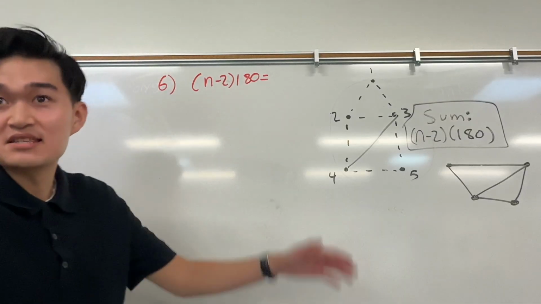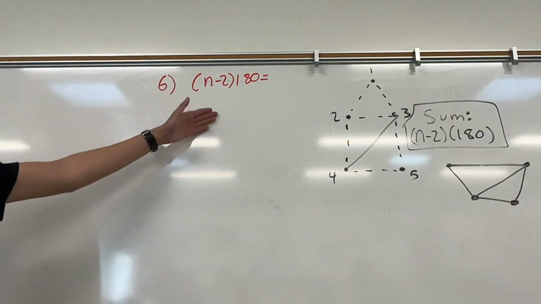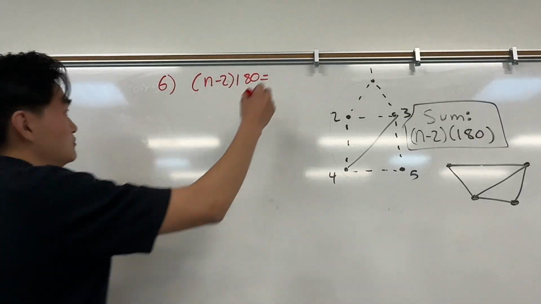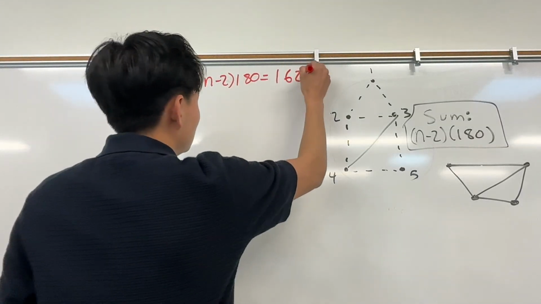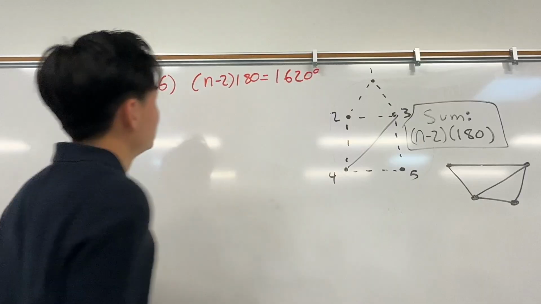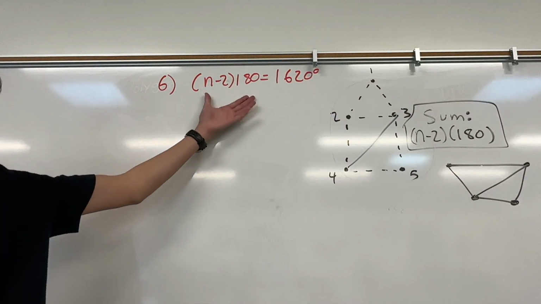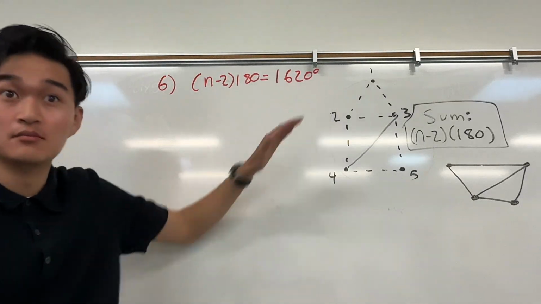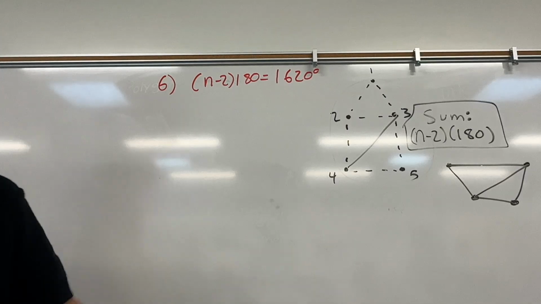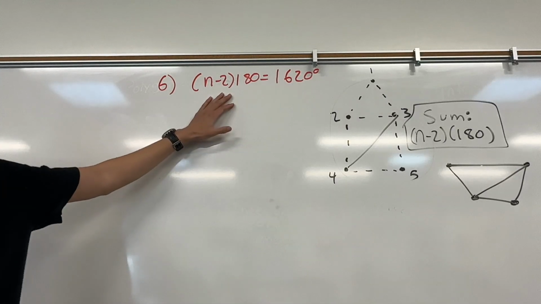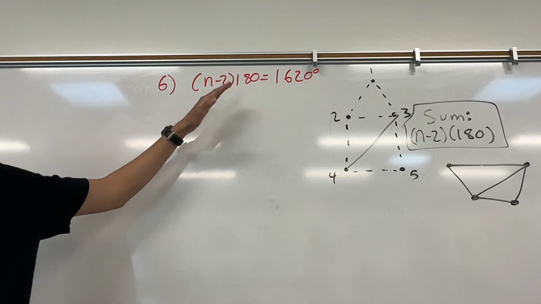What does this equal for number 6? 1620. Exactly. Because this equation is the sum. So it equals that because it's the sum. And then you're going to be doing the math to find out what n equals.